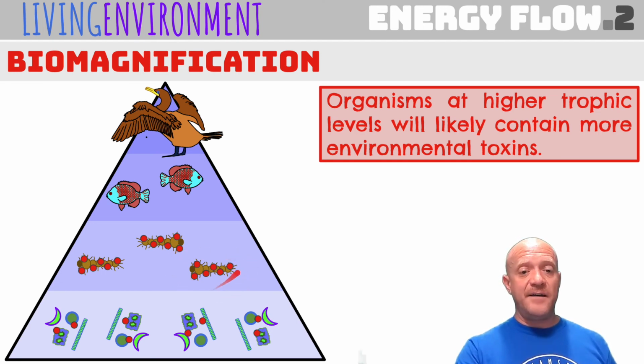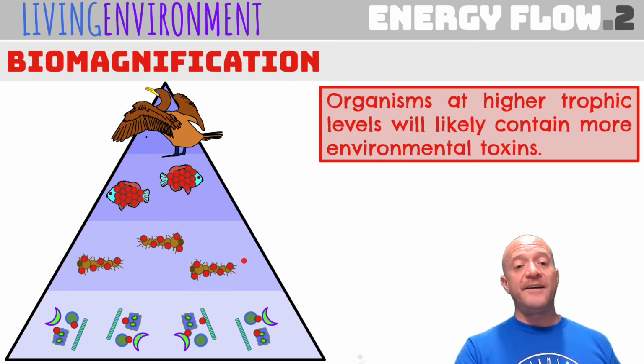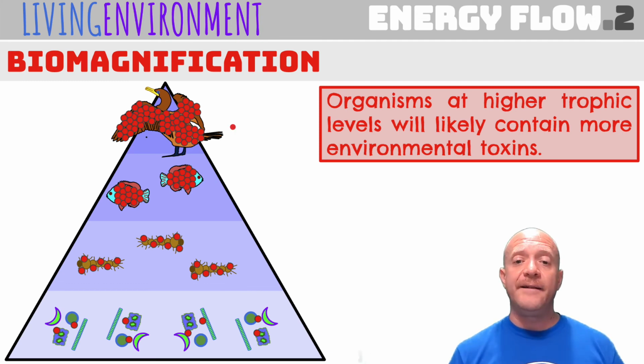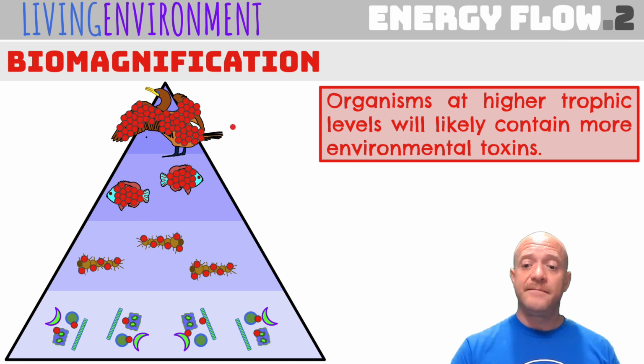So this mosquito larva is going to have 6 toxins, for example. And then when you go up to the bluegill, they're going to accumulate more toxins because they're eating multiple primary consumers. By the time you get up to the cormorant, it will have accumulated so many toxins. So biomagnification, again, just means higher trophic levels, more toxins.